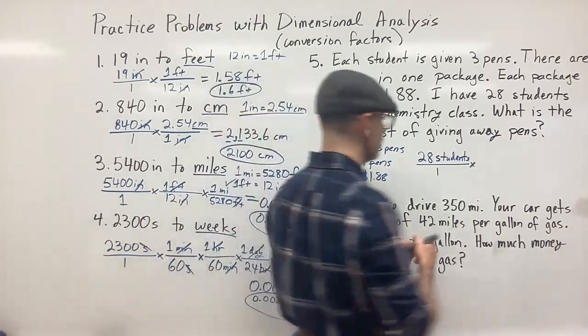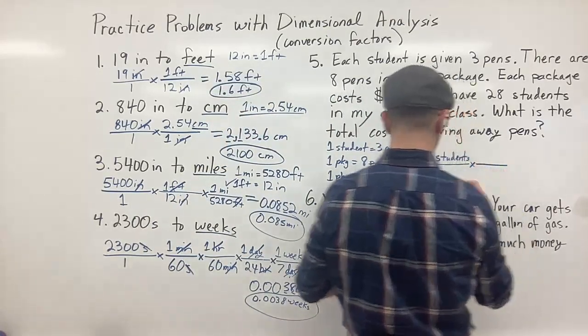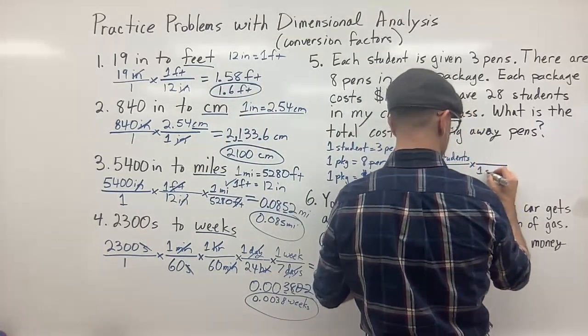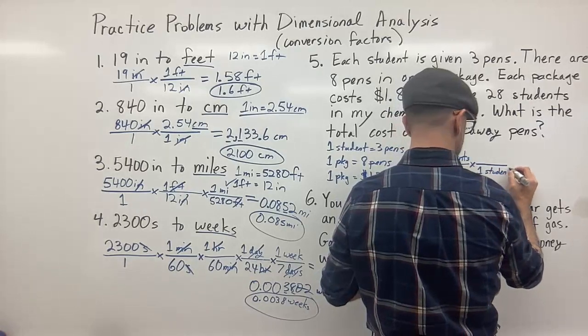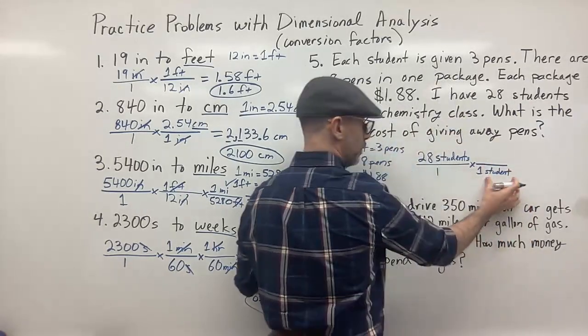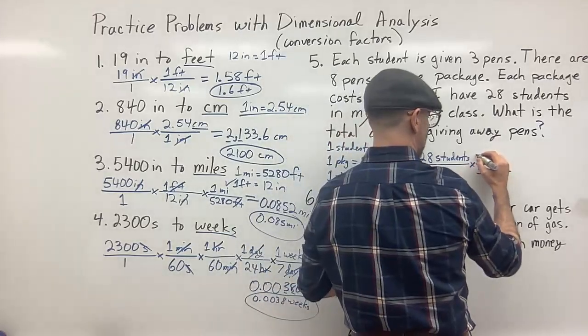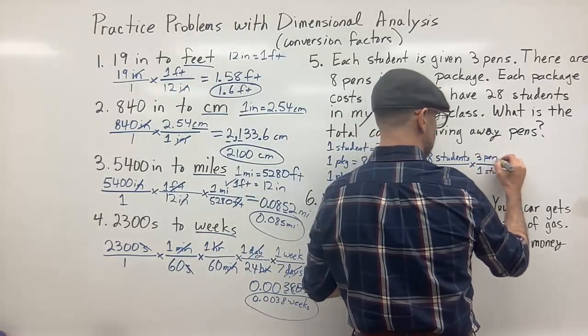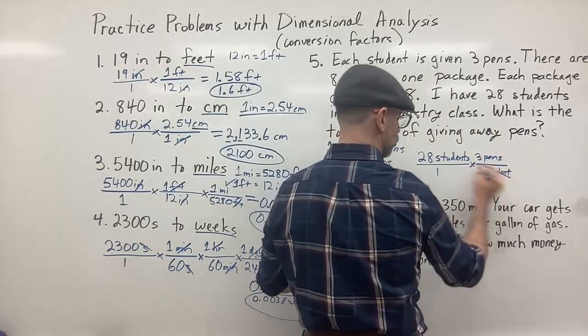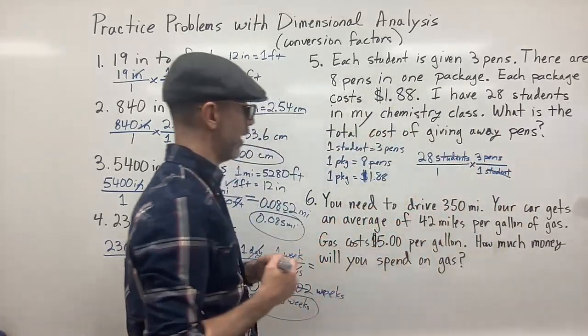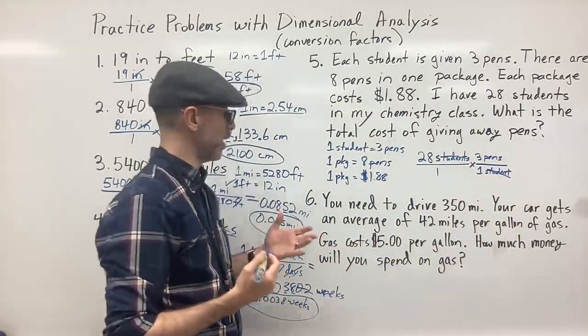So one student on the bottom, I want student on the bottom, so it cancels out with students on top, and then that's going to be equal to 3 pens. That's going to go on top, so students cancel out. Now I have pens. Okay, great.